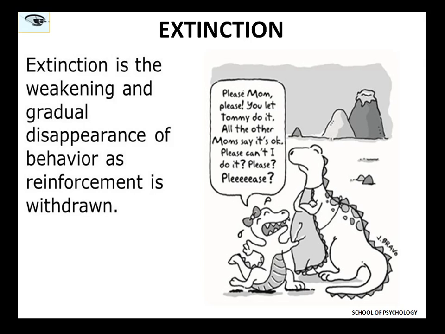So if sometimes you reinforce the rat with the food pellet and the next time you don't, and then the third time you again reinforce, the fourth time the rat is going to be eager enough. The rat is going to have the hope that it is going to be reinforced yet again. So the learned response is not going to extinguish very quickly. Definitely, it is going to show a greater resistance.